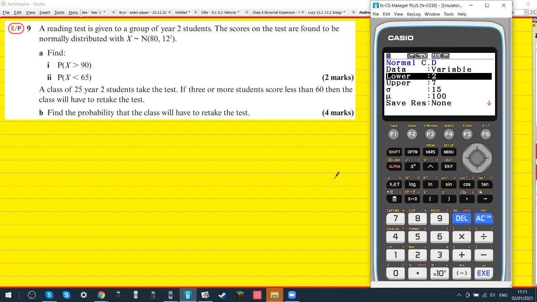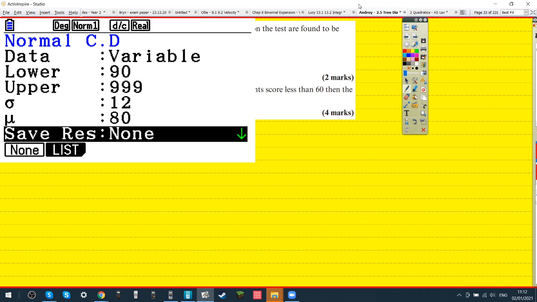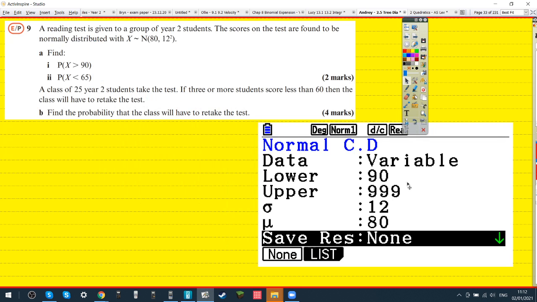Yeah. And then mean 80, variance 12. Deviation 12 or variance? 12 squared. Yeah. And I got 0.202. Okay.